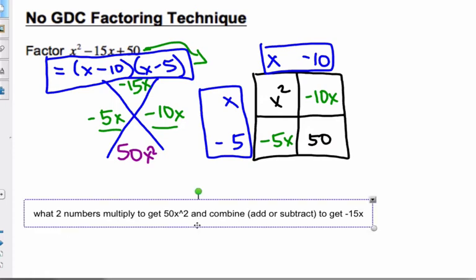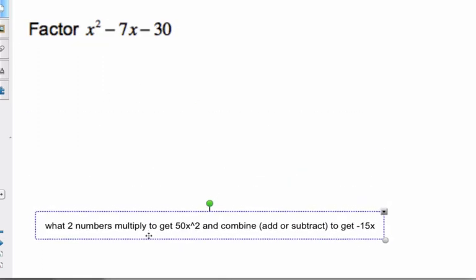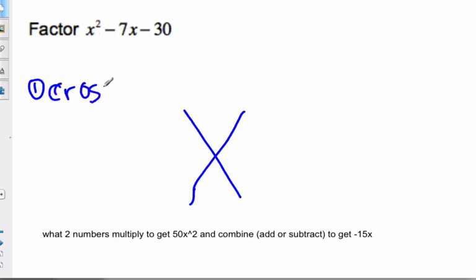Let's try another one. I'm going to take my question with me. Okay, so to factor this, step one is I'm going to make the cross. Here's my cross, or my x. I'll call it the cross so it doesn't get confused with those x's.